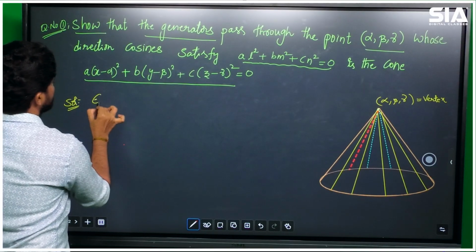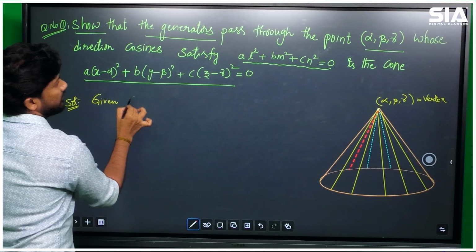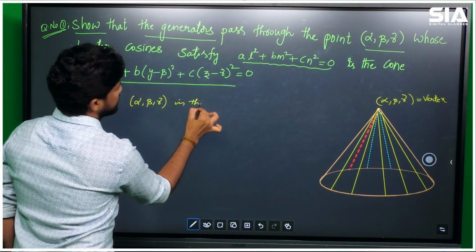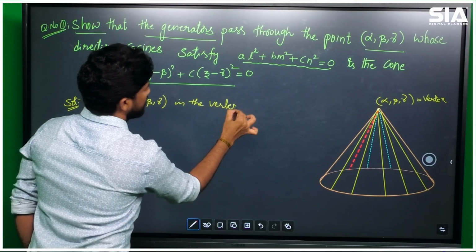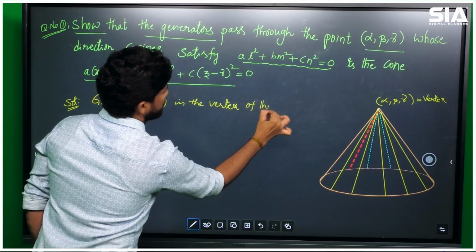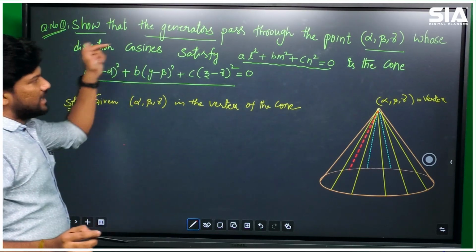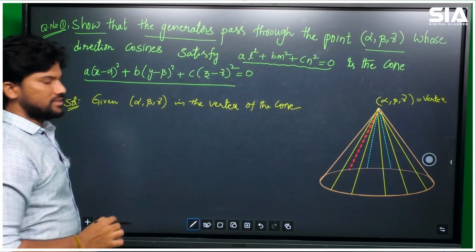What is given? Given: (alpha, beta, gamma) is the vertex of the cone. Generators pass through the vertex, they are saying.